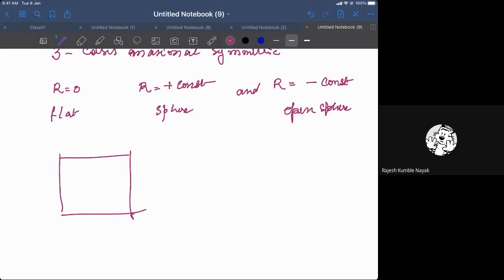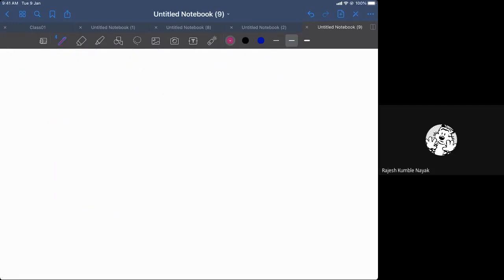The metric can be written with k equal to 0 in the Cartesian coordinate system. For the two-sphere, I am writing two dimensions; three dimensions you can easily generalize. There is no problem.